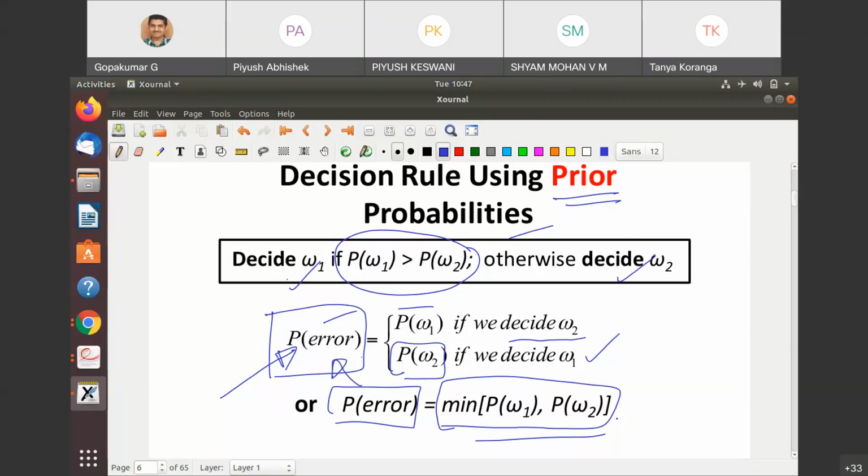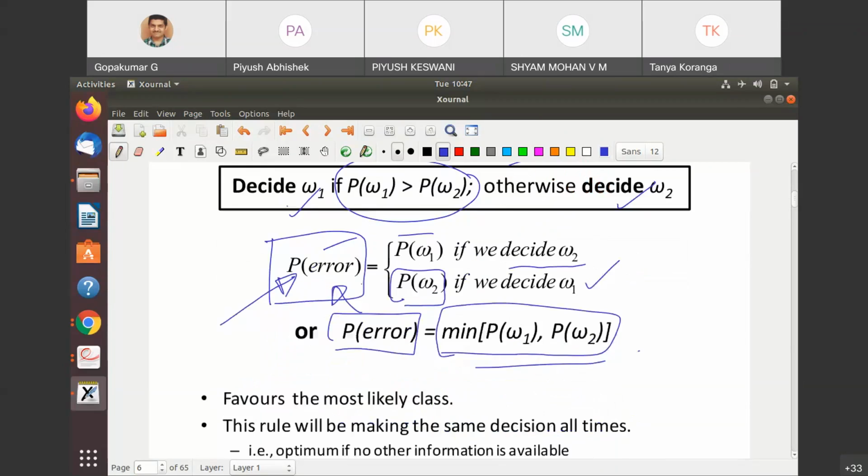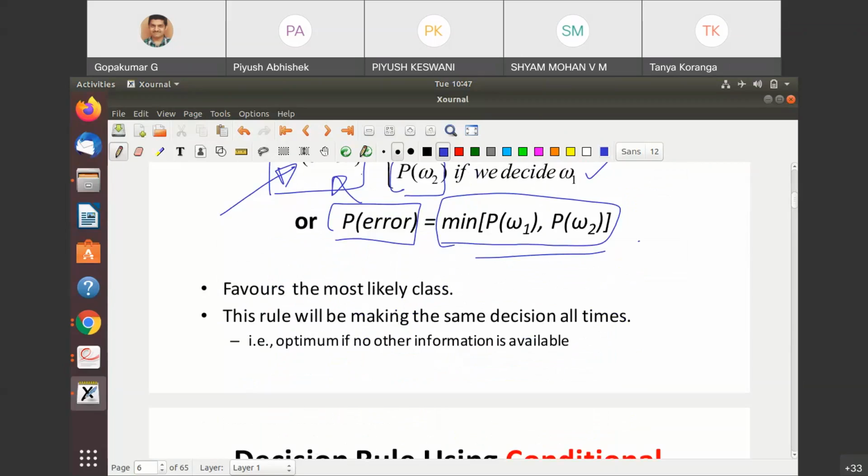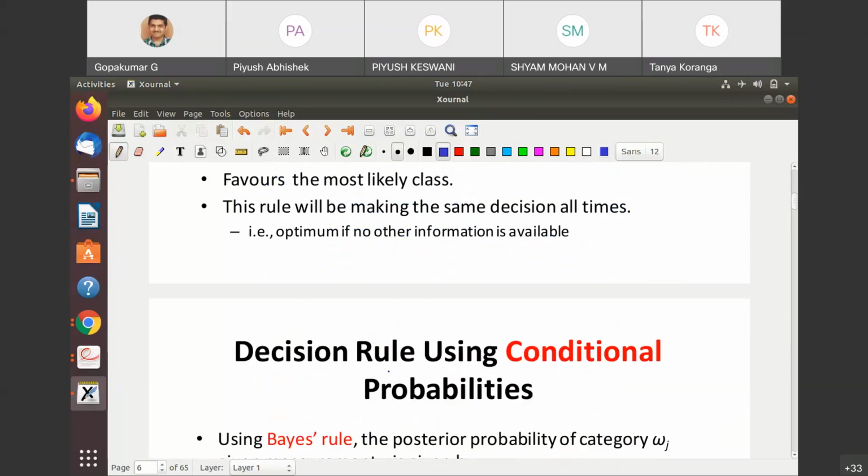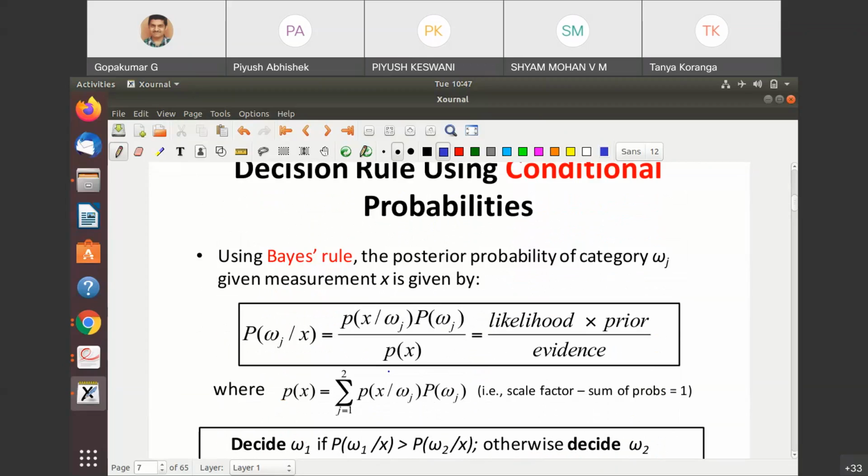The minimum probability is going to be the probability of error. That is the concept of probability of error, using the prior probabilities alone. And this is the Bayes rule.